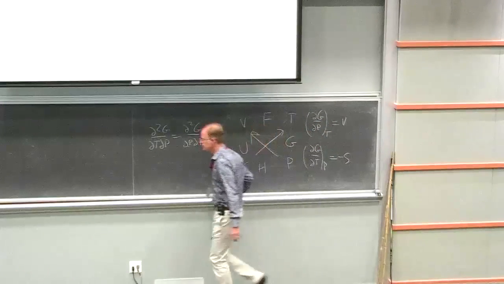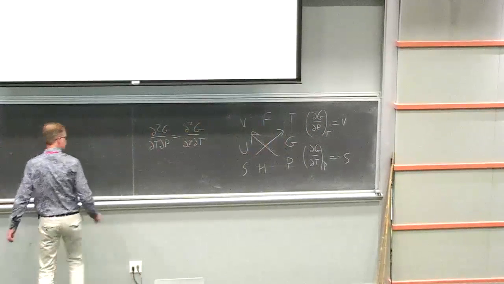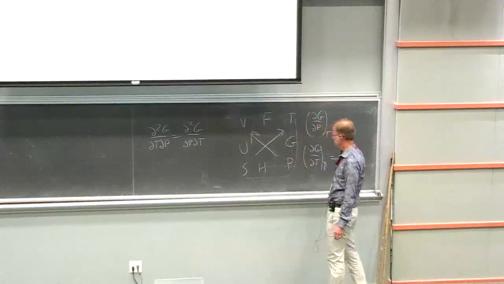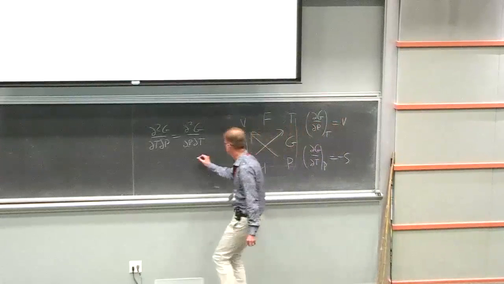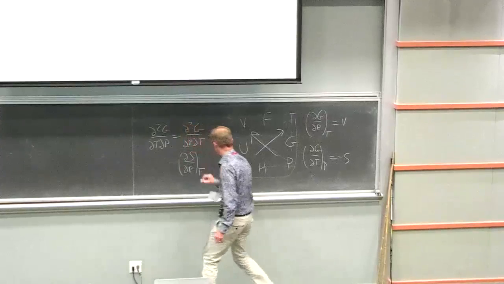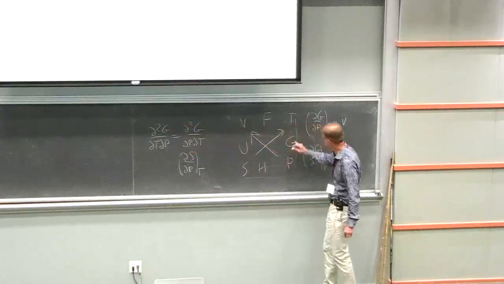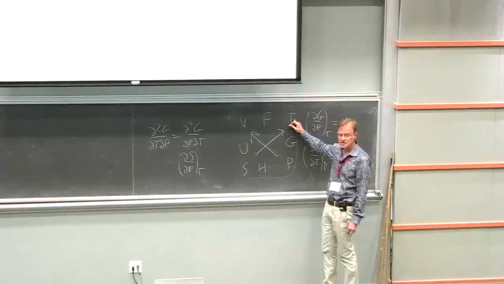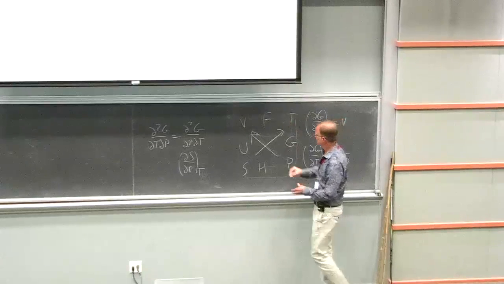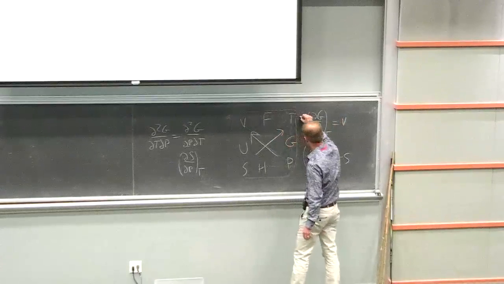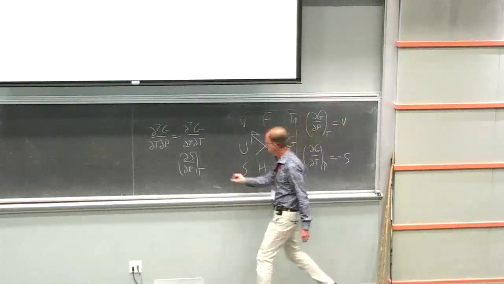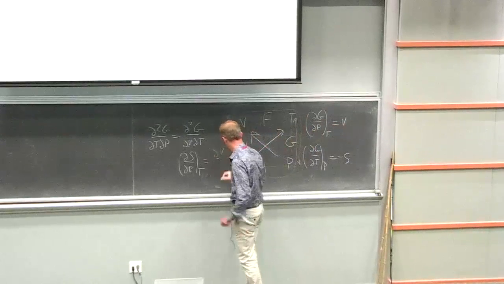Let me do this in green. dS/dP at T, okay, so dS/dP at constant temperature is equal to, start at the unused corner and go in the opposite direction, dV/dT at constant P. Whoops, wrong color.